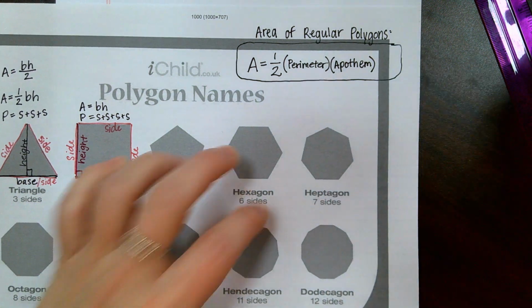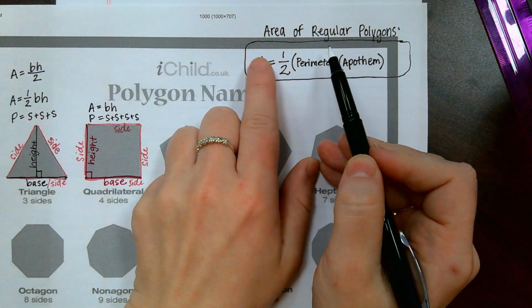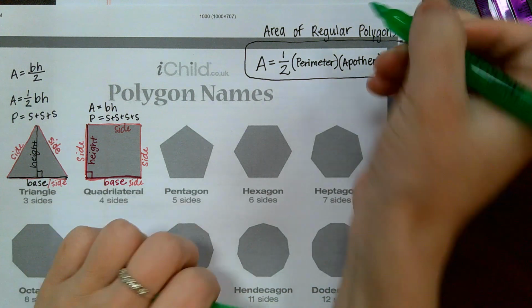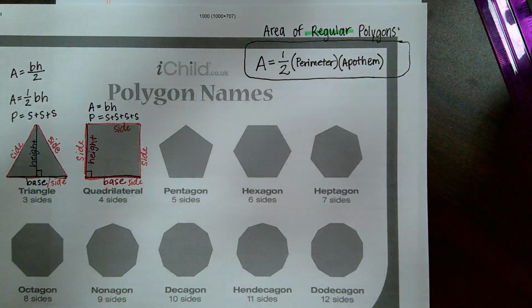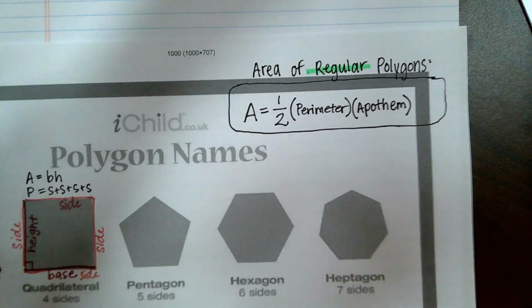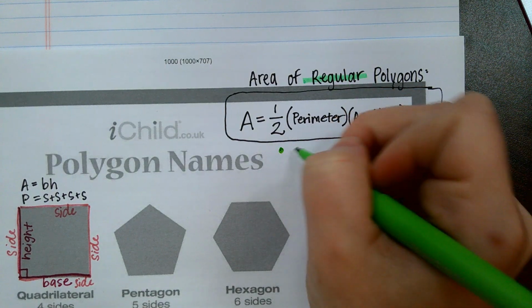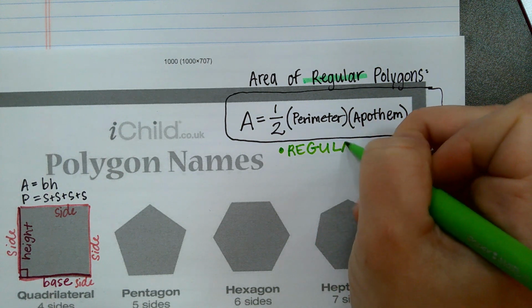Okay. So, first of all, let's make sure we understand what I mean by regular polygons. So a polygon, like I said, could be any closed shape made up of line segments, but for a polygon to be considered regular, there's a few things that are required. So a regular polygon, I'm going to write this under here.